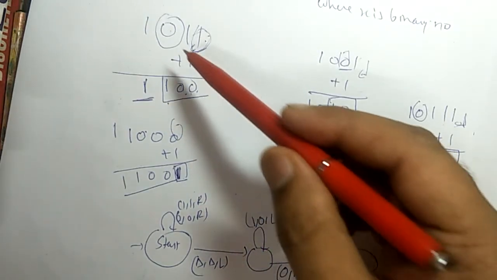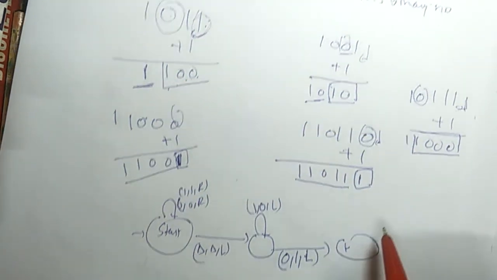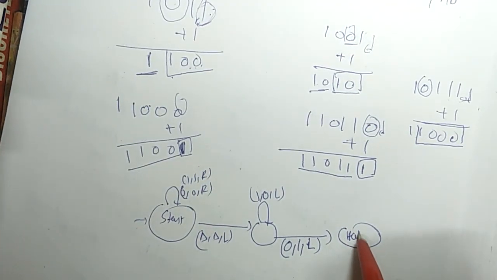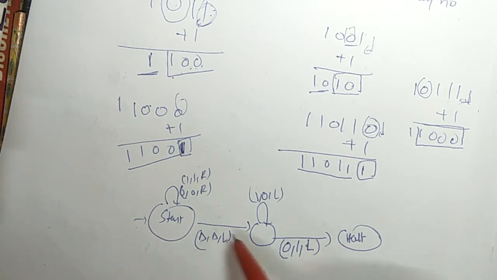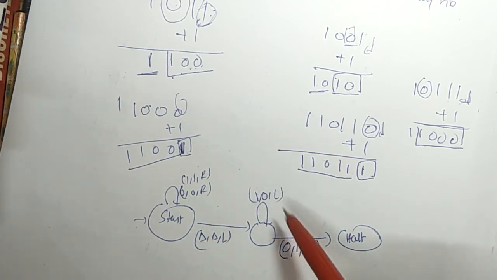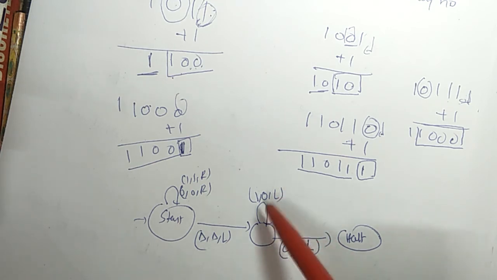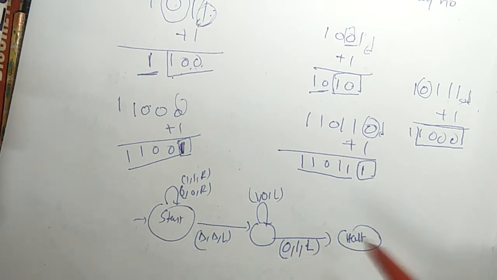After the very first 0, everything is unchanged. So you can halt by converting this 0 to 1. So in this way you move to the rightmost corner, and from there you find the very first 0, and till then if you get 1, you complement it, the very first 0 you convert to 1, and after that you can halt.